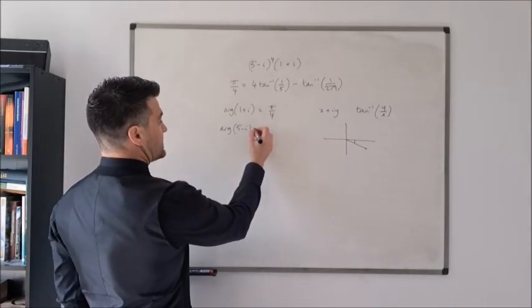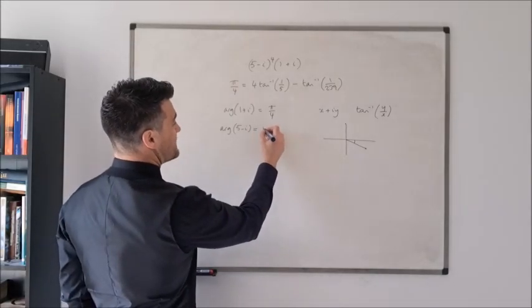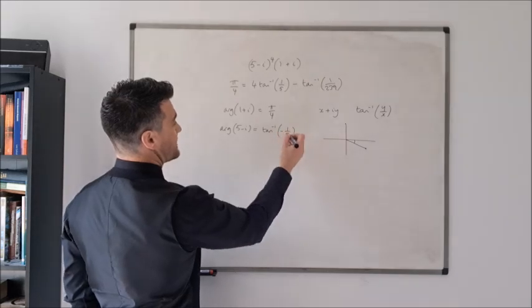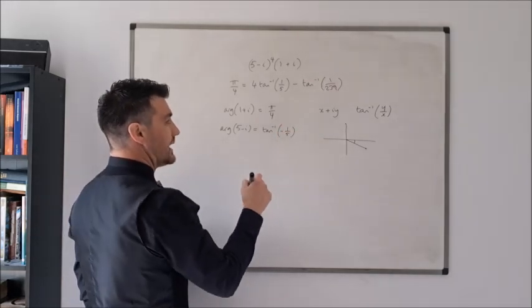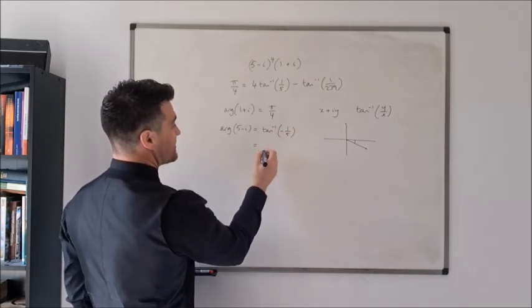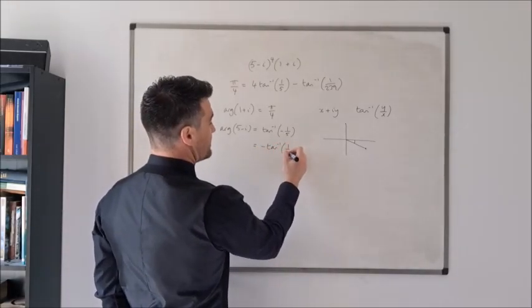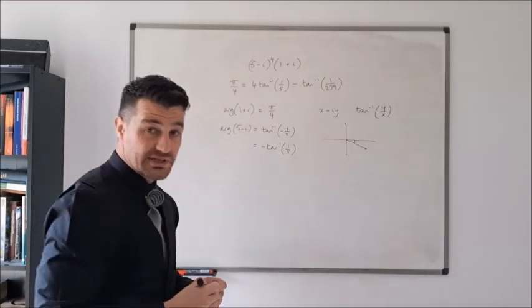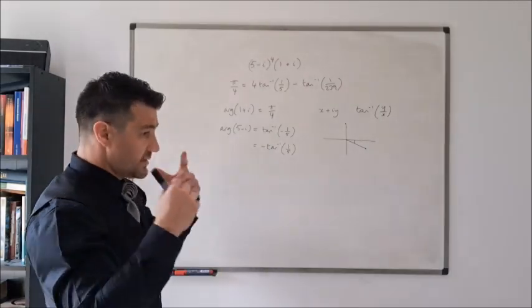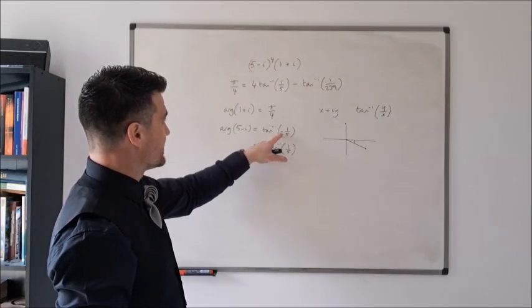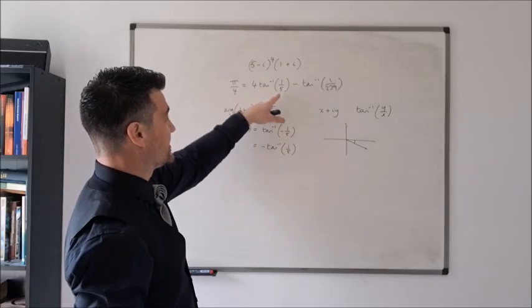So I can either do inverse tan of minus a fifth, or I can bear in mind that this is equal to minus inverse tan of plus 1/5. I'm just using trigonometric relationships to get rid of the minus, because notice here I've got inverse tan of 1/5.